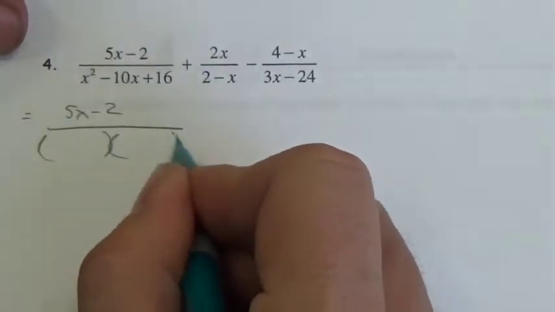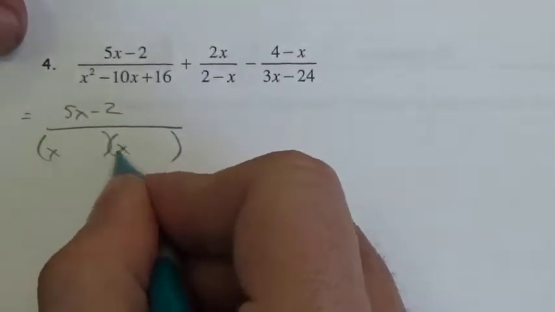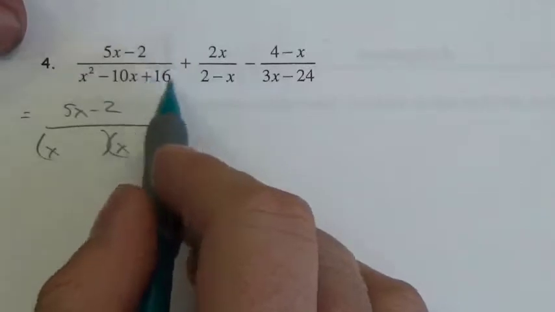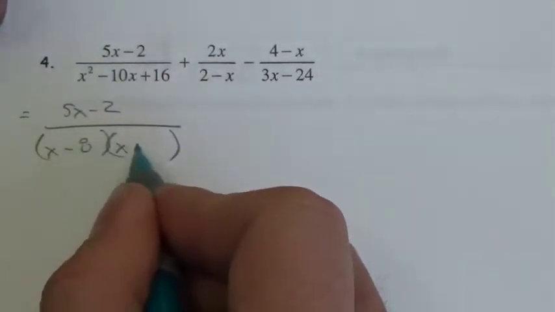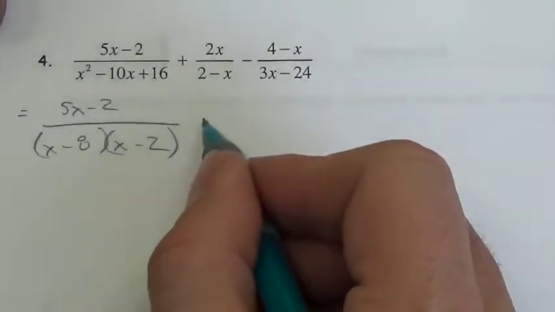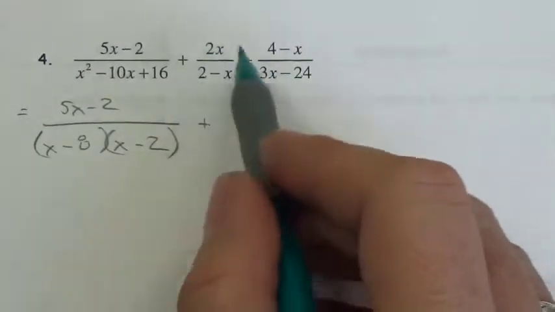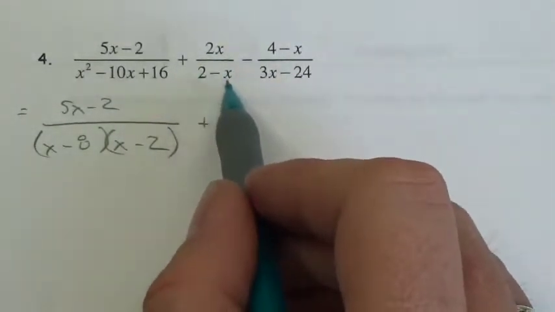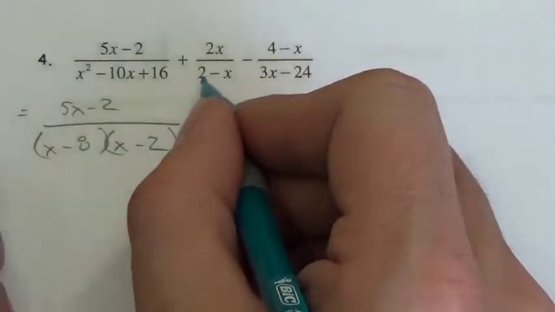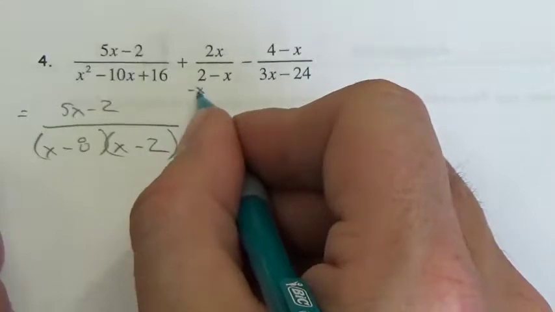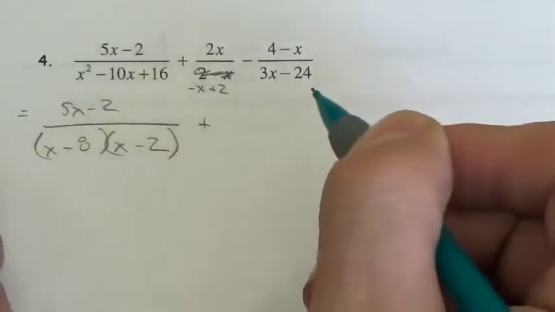Okay, now I've got the trinomial in this first term, so that'll be x and x to get x squared. And then I need factors of 16 that add to negative 10. That's going to be negative 8, negative 2. Okay, wow, this one right here. I don't like the way that looks. Man, I really don't. I'm going to switch the order of those, make that negative x plus 2.